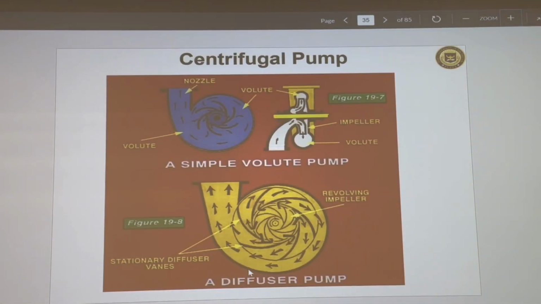Okay, this is a good example of how the system works. This is a cross-sectional view, and here is the center of the shaft, which is driven by a motor, and this is where the fluid motion is taking place.